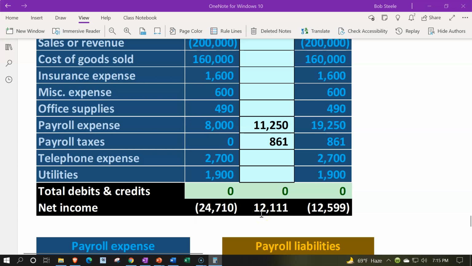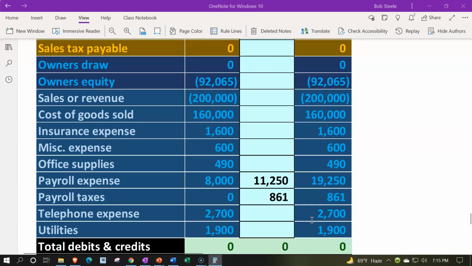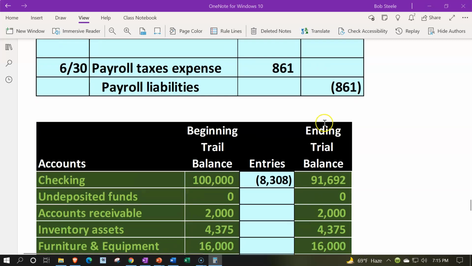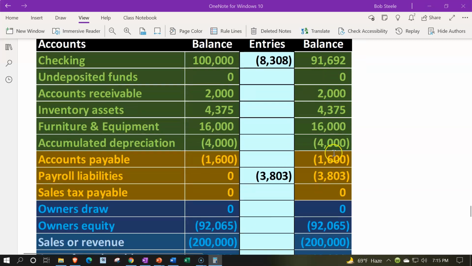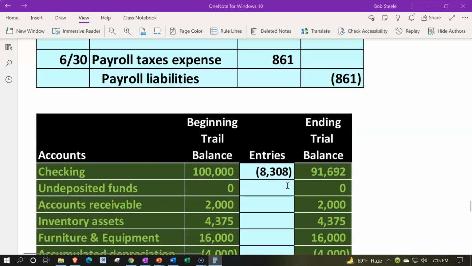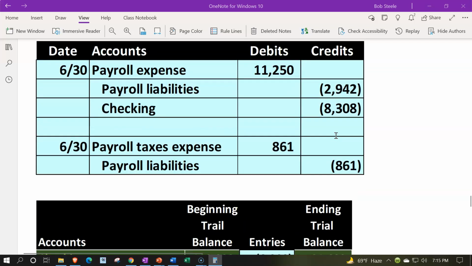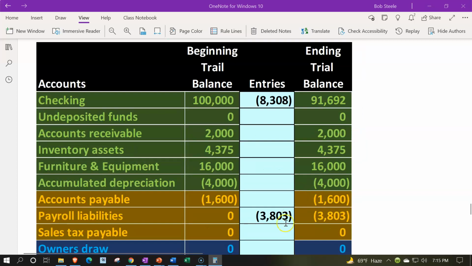It changed, went down by the 12,111 for the payroll taxes and payroll expenses down to the net income of 12,599. And then the payroll liabilities also went up by that same amount, which I probably should have mentioned last time. This liability and that liability are included in this number to get to that 3,803.